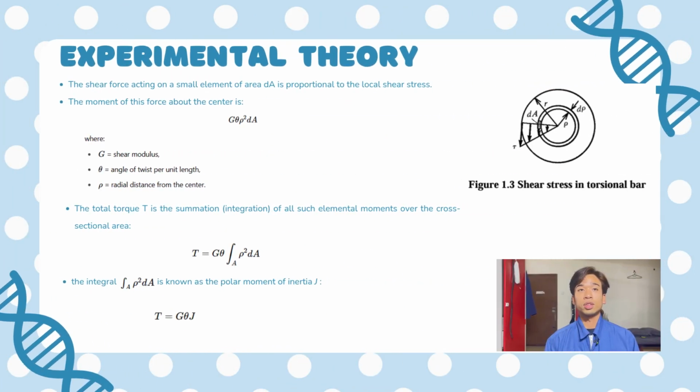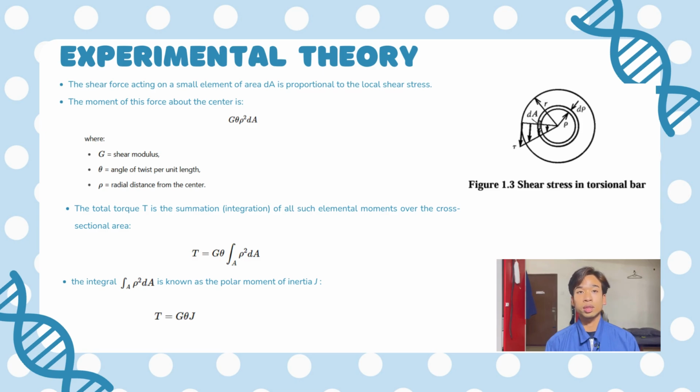Next, the shear force acting on a small element of area dA is proportional to the local shear stress. The moment of this force about the center is where G is the shear modulus, theta is the angle of twist per unit length, and ρ is the radial distance from the center.